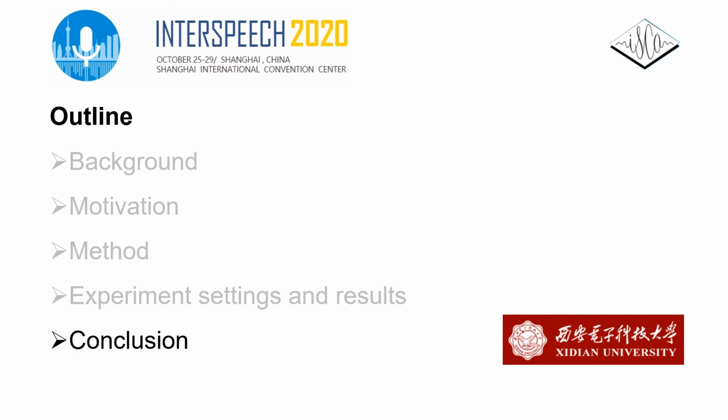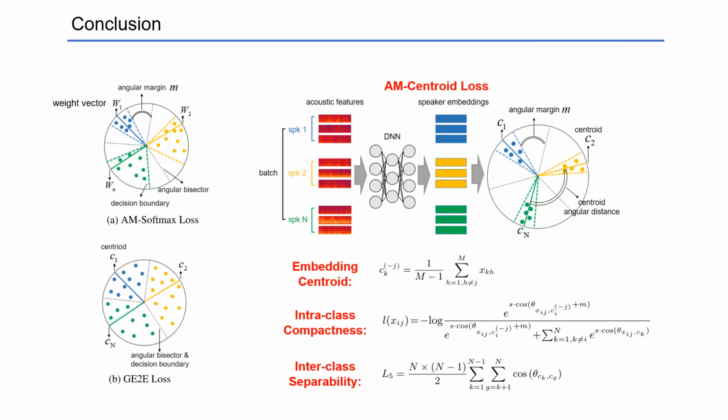A conclusion is given to summarize our paper. In this paper, we aim to enhance the discrimination of speaker embeddings for unseen speakers outside the training dataset. To do this, we propose the angular margin centroid loss, which directly optimizes the cosine similarity between speaker embeddings and their centroids.